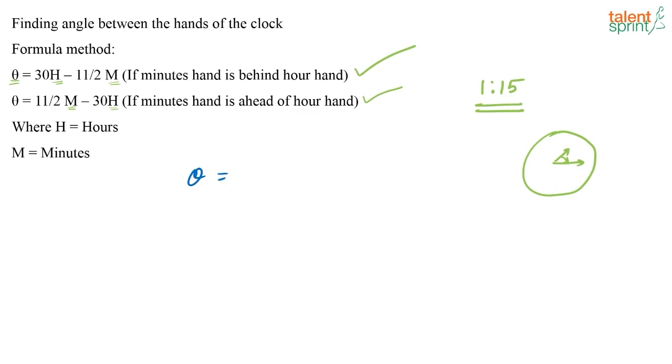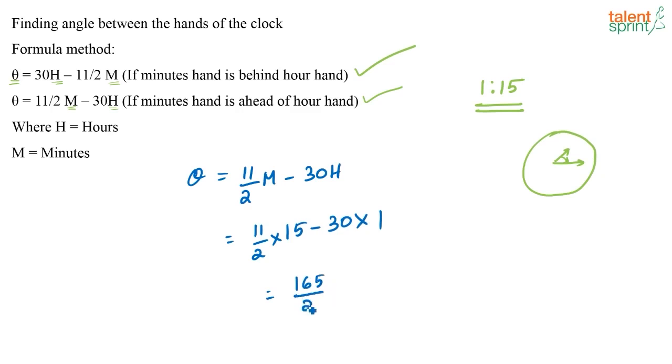So the angle between the hands of the clock is nothing but 11 by 2m minus 30h, where m represents the minutes, that is 11 by 2 into 15 minus 30 into h represents the hour, so 1 o'clock, so 1. So what do you get here? 165 divided by 2 minus 30, or that is equal to 82.5 minus 30, which is equal to 52.5.